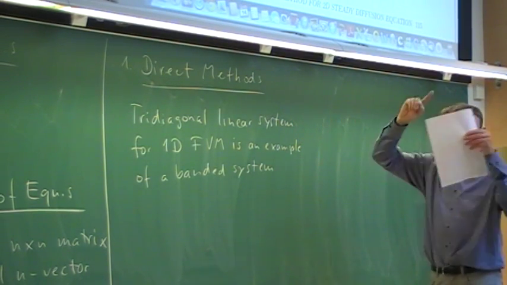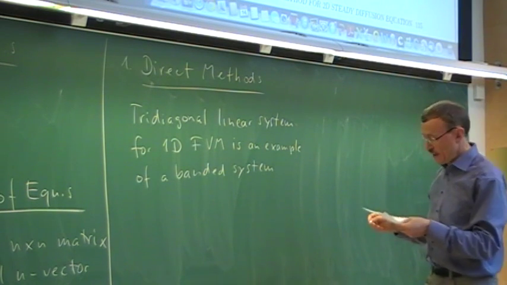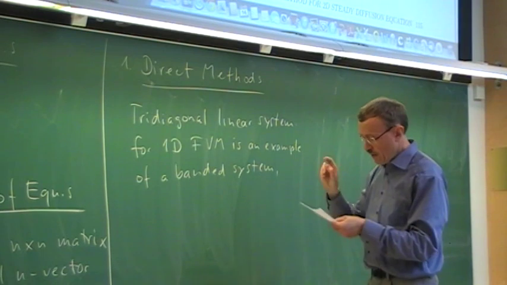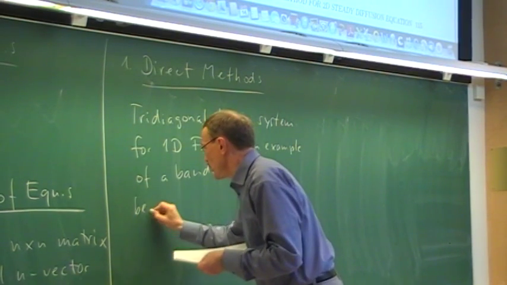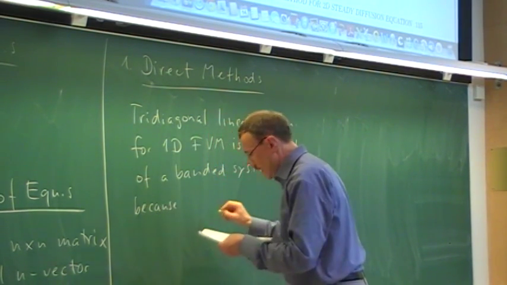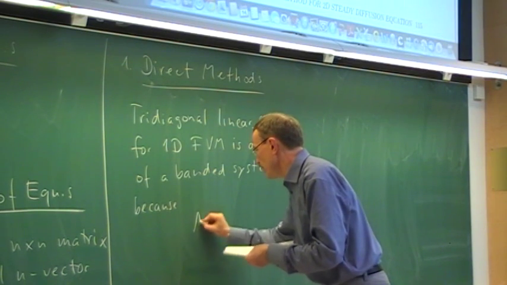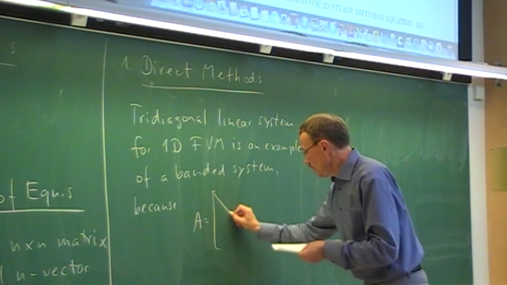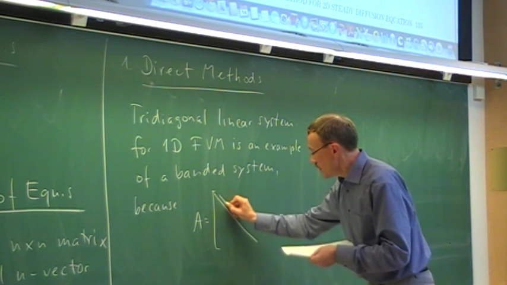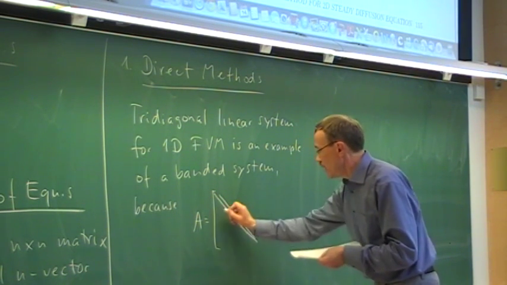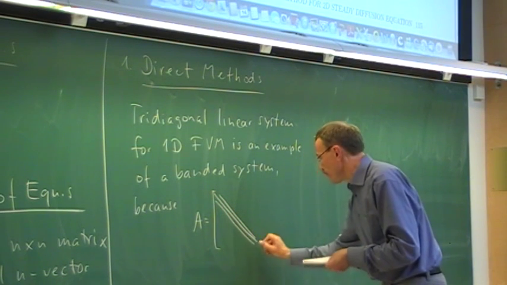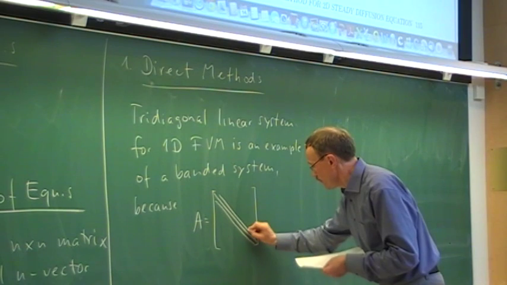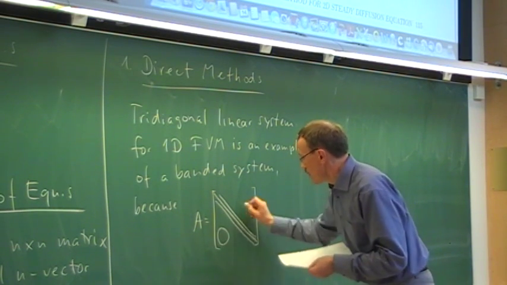And the more general expression for that is also sparse matrix. But banded is saying more, because the A matrix that we get in 1D has the following structure. It has a diagonal, and it has two diagonals, one above and one below. And the rest is just 0.